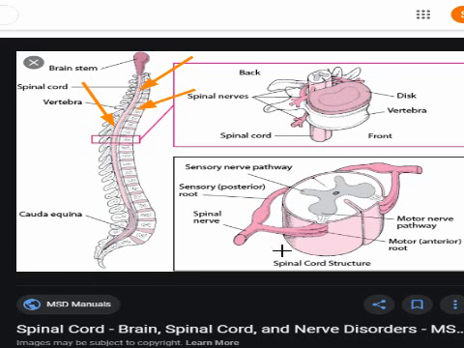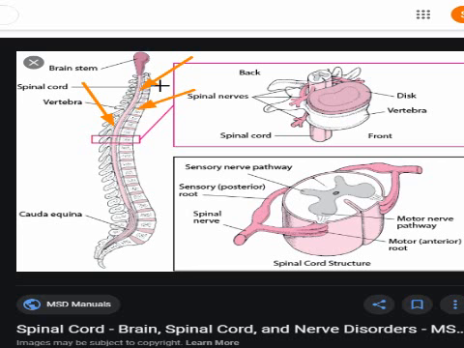See, this is the same picture as that which you have seen in your book.